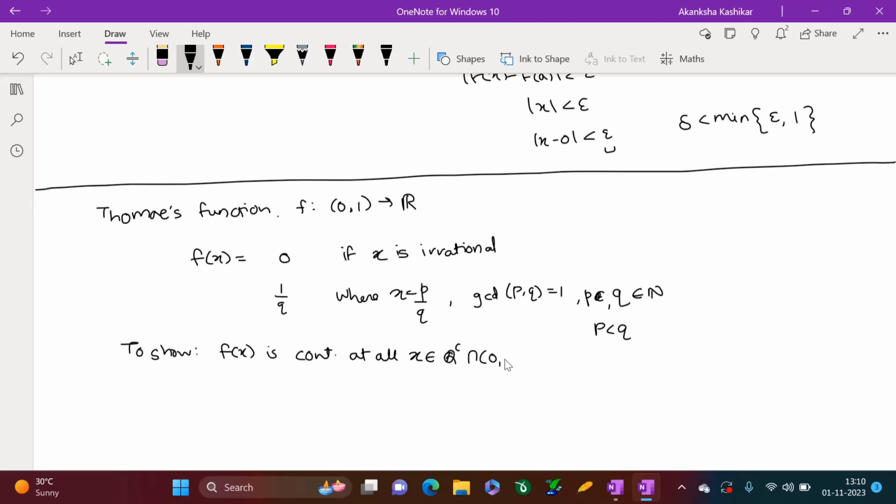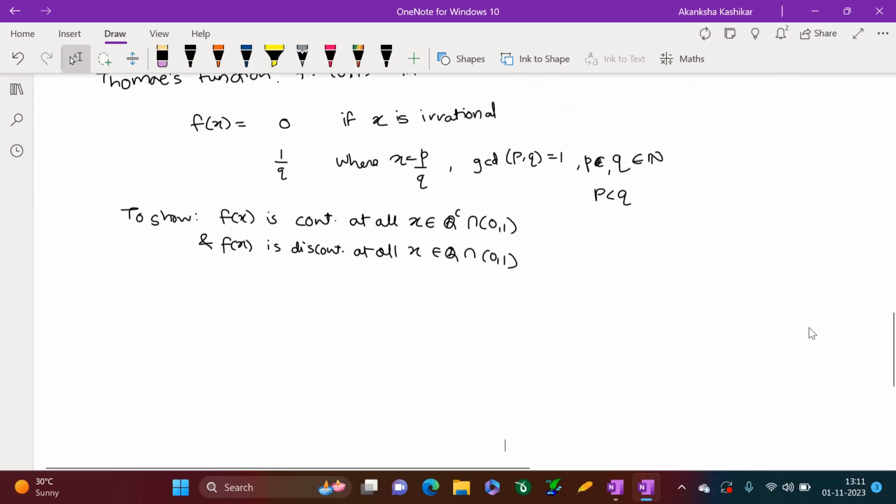So Q complement intersection [0, 1], and f(x) is discontinuous at all x in Q intersection [0, 1]. Okay, so whenever I have a rational number in this interval, then f(x) is not continuous. So what is the idea behind it? Again, the idea is based on density of rationals and irrationals.